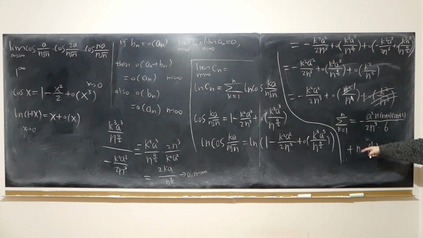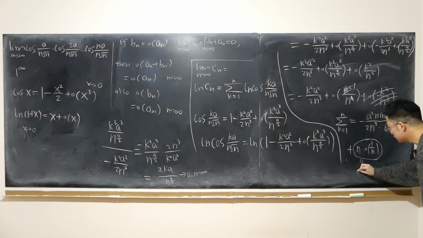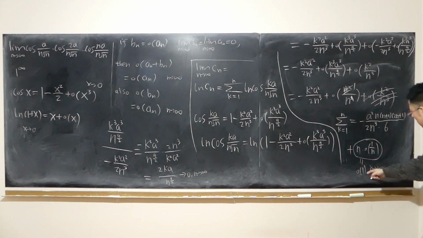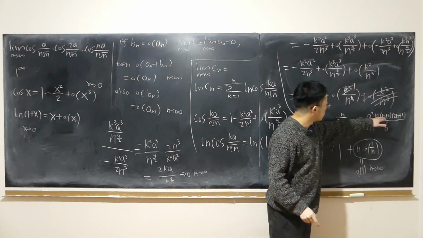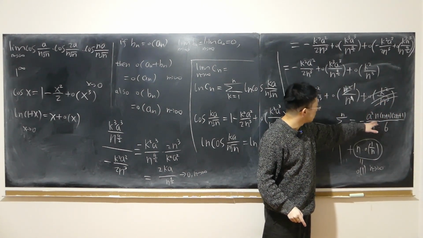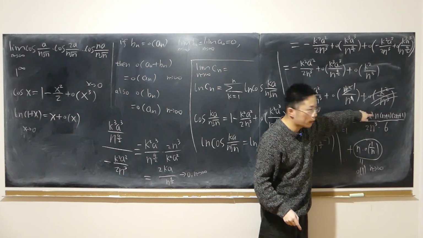So n times 1 over n becomes 1. Little o of 1. This is easily verifiable. Little o of 1 approaching 0, obviously. Polynomial: the leading term at the top is 2 times n cubed.